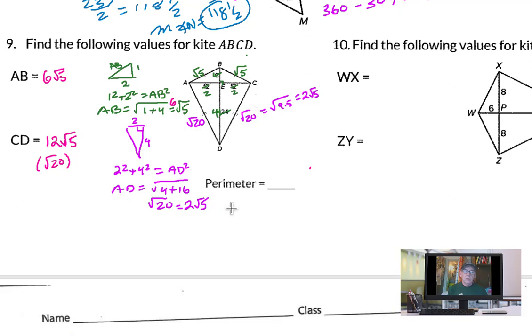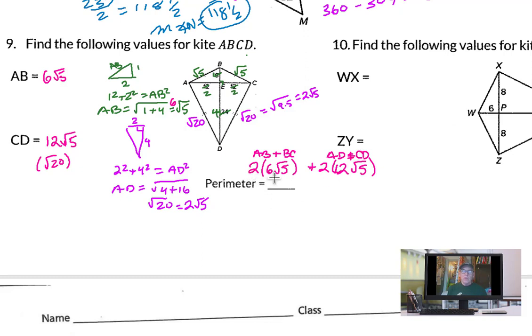So we actually have 2 6 square roots of 5 for the AB and BC part of the perimeter, and then we actually have 2 of these 12 square roots of 5 for the other 2 sides, which are the AD and the CD side.